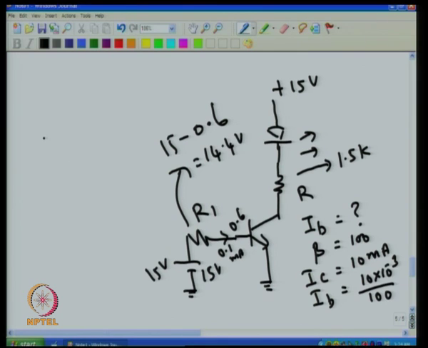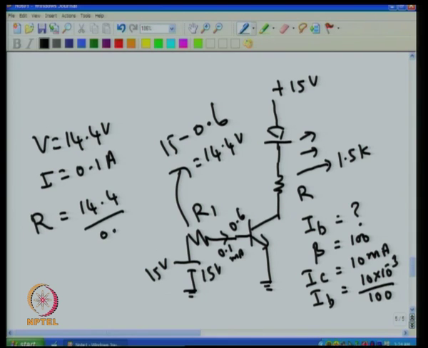So, you have this voltage which is actually 14.4 volt, and then the current is actually 0.1 milliamps, then the resistance R can be calculated, that should give 14.4 divided by 0.1.